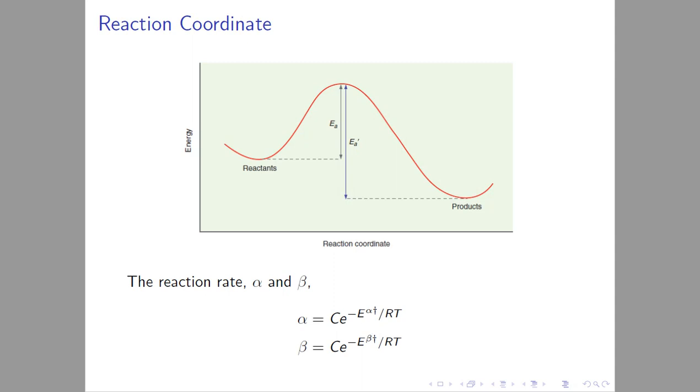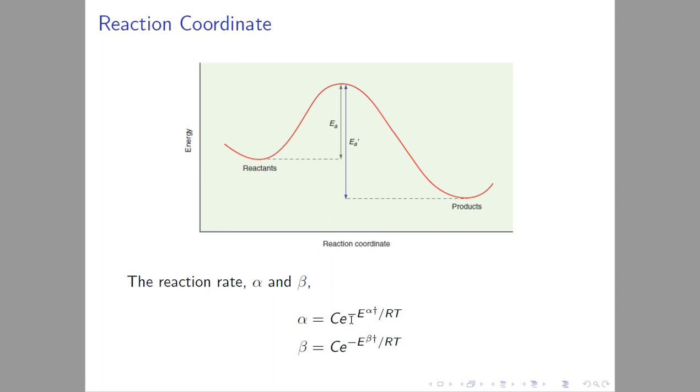Next is the reaction coordinate, where the reaction or transition occurs, or the state changes from A to B state. Here we have E alpha dagger and E beta dagger.